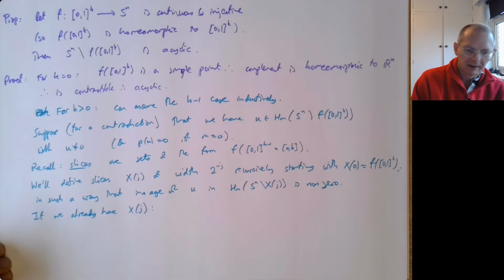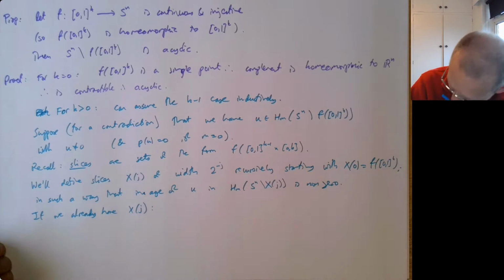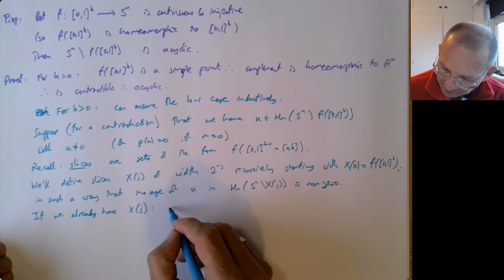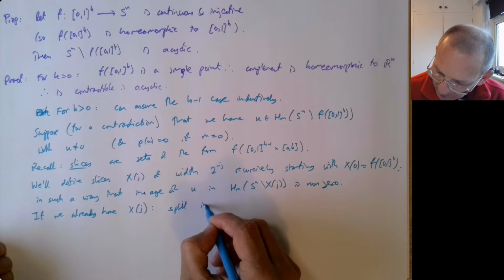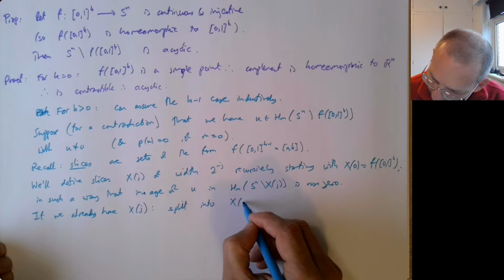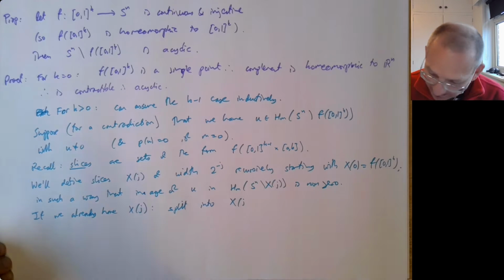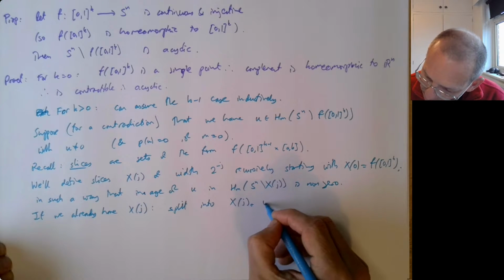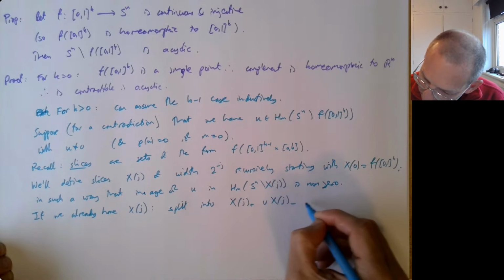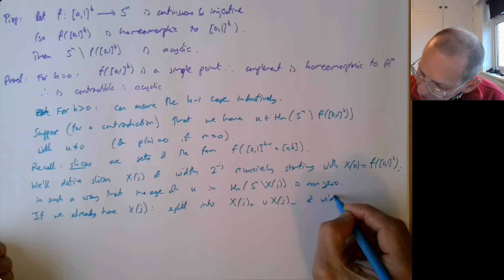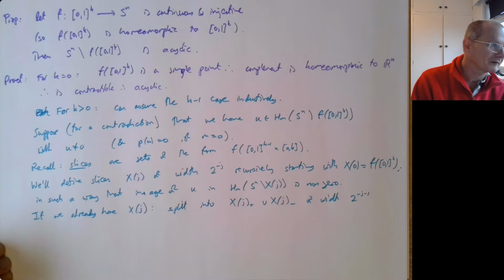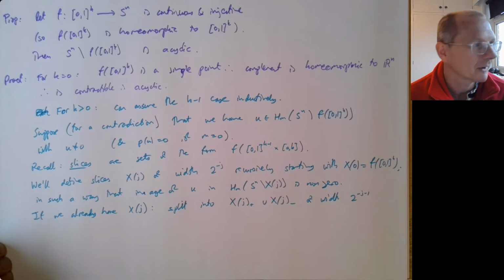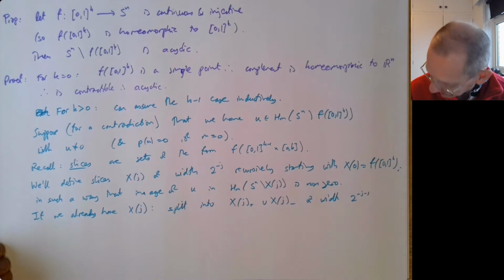So suppose we've already chosen X_j. How do we do this? You split it in the obvious way. You split it in the middle into two slices of half the width.